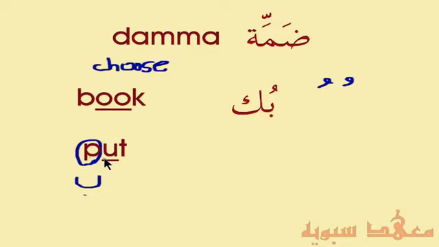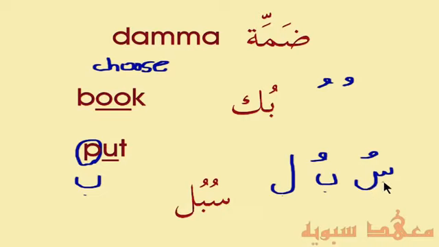Now let's just practice this. We have a word composed of three letters. Both of the first two letters are with a dhamma. If we break this up, there's a sin with a dhamma, then there's a ba with a dhamma, and then there's the lam. So to pronounce this, it has an S sound. So su, bu, and this is the lam, like the letter L. So subul.